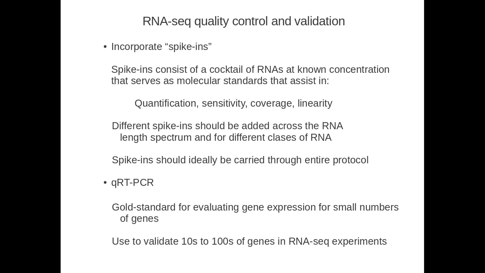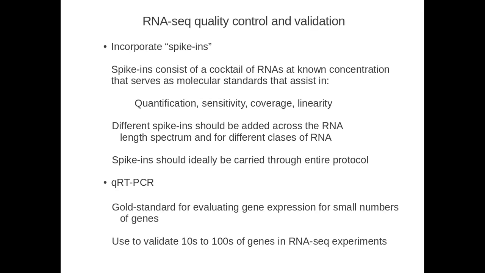What they allow you to do is have a set of molecules whose quantity is known and whose length is known, and you can evaluate whether or not you're able to detect, say, molecules that are found at very low abundance in the cocktail, and see if you can quantify spike-ins accurately, particularly at the very low end of the range, and just where your dynamic range is. This type of spike-in analysis allows you to assess that.